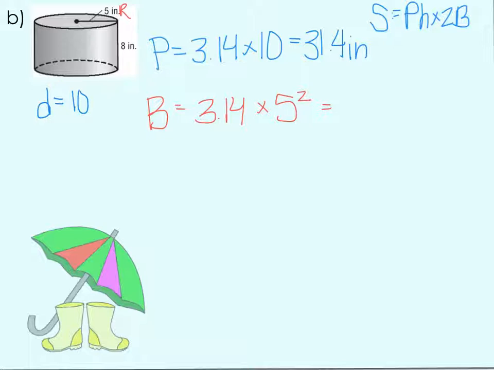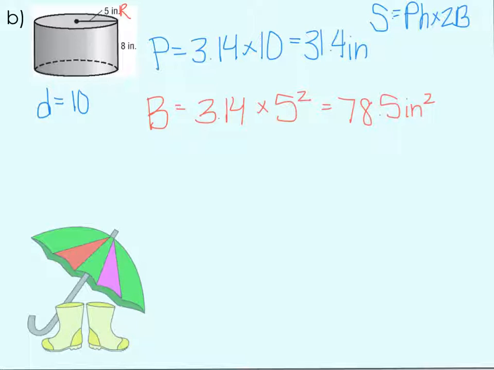Typing that into your calculator, you should have 78.5 inches squared. Also, as you guys are copying this down, as you're showing your work, if you're showing both of these steps, if you don't label these steps, that's fine. Again, I'm only concerned about your very, very last answer being squared or having the correct label and rounded correctly there.